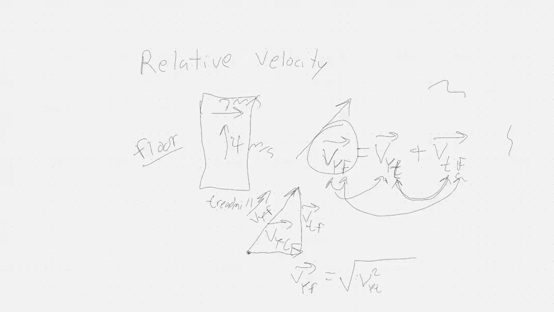And in that case, that would be 3 squared plus 4 squared. The square root of that would be 5 meters per second.